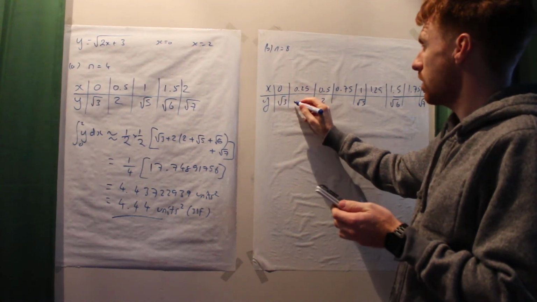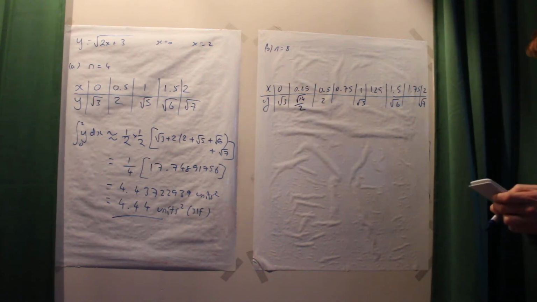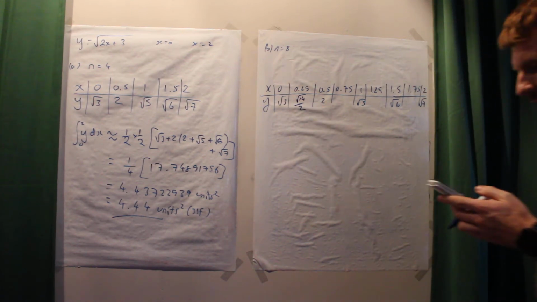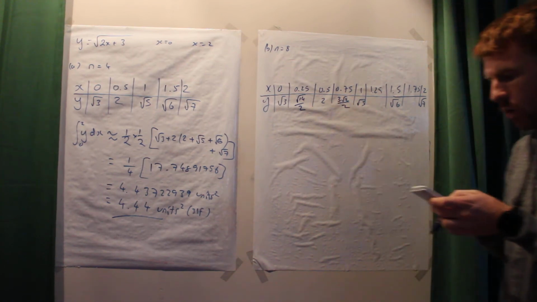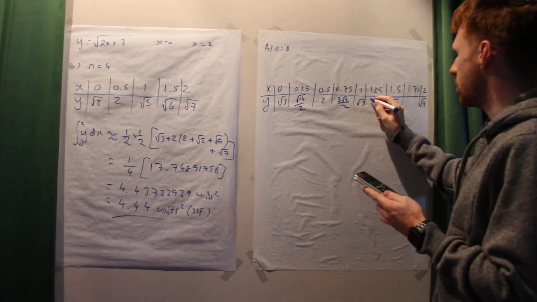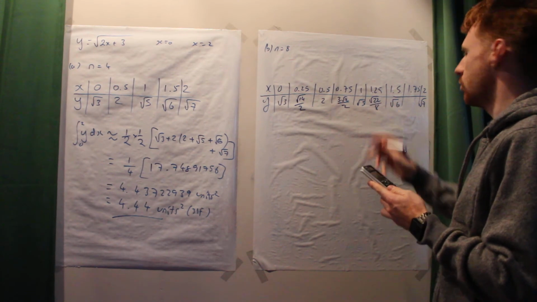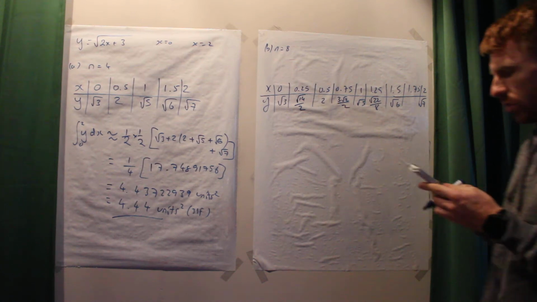If I put in 0.75, I get 3 root 2 over 2. If I put 1.25, then I end up with root 22 over 2. And last but not least, if I put in 1.75, I end up with root 26 over 2.